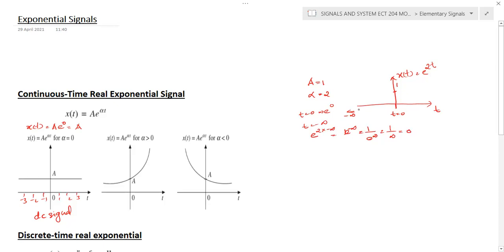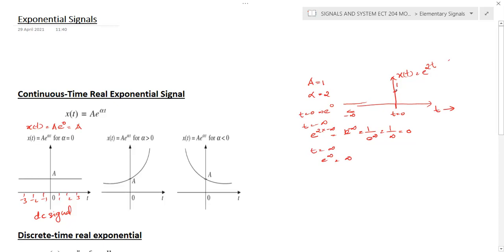So when t is tending to minus infinity, the function magnitude is almost 0. Now at t is equal to infinity, the equation becomes e raised to infinity, that is infinity. So when t is tending to infinity, the function magnitude is infinity.